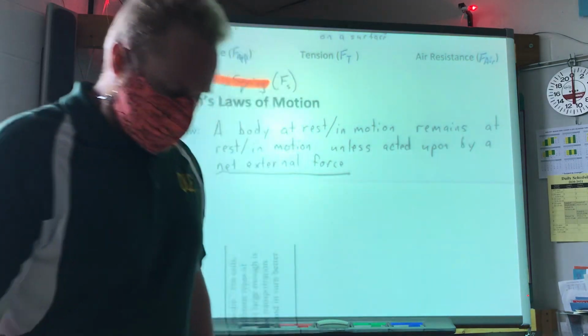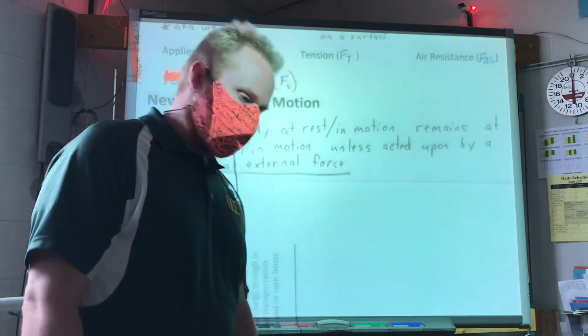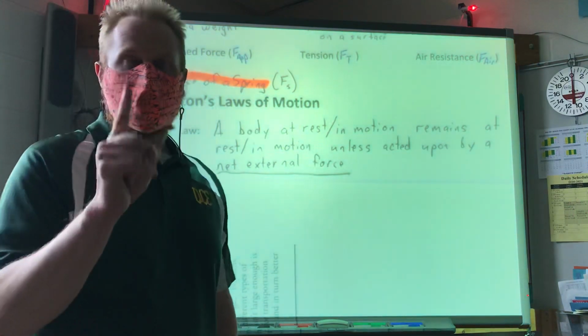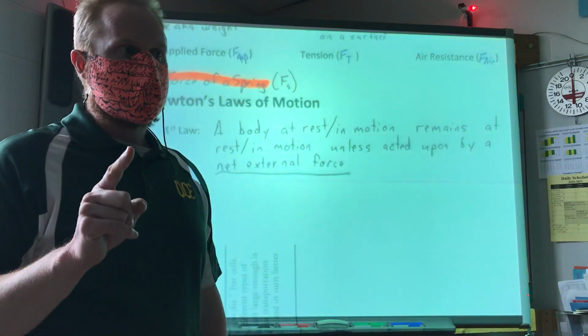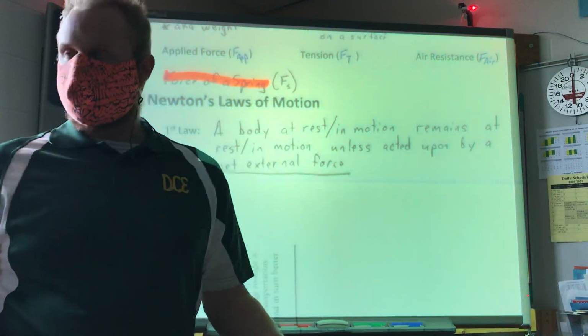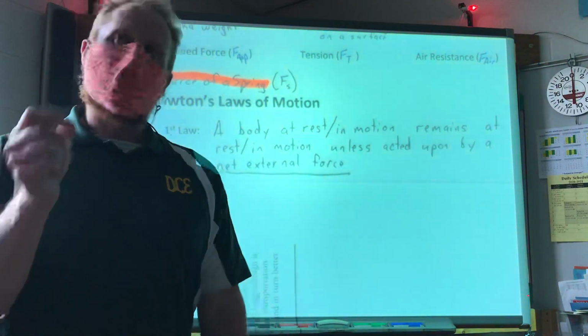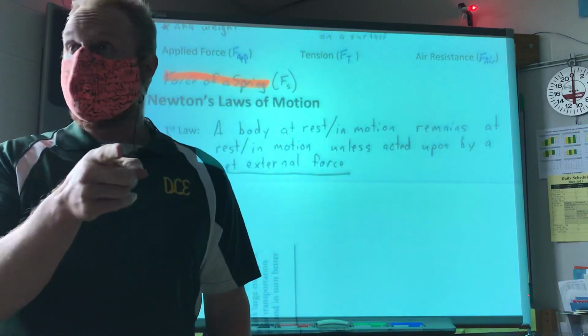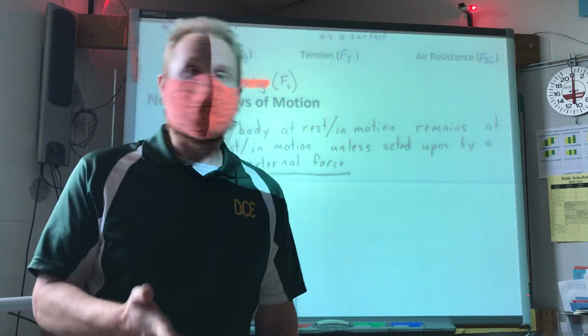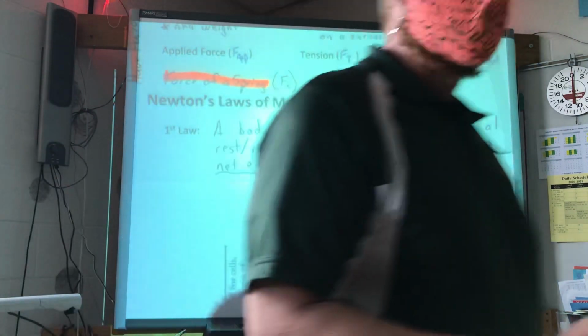Okay, so an object in motion, like this bowling ball, once it starts going, it's going to keep going forever unless it's acted upon by a net external force, which causes it to stop and change direction. Now, it was slowing down a little bit, right? This isn't really going to roll on forever because of friction.